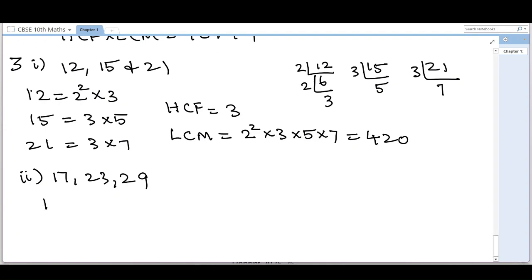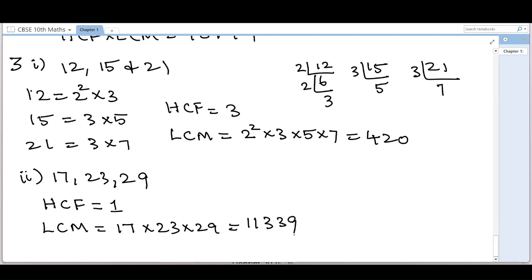So definitely the highest common factor for all these prime numbers will definitely be 1. So we have to find only LCM. So we have to simply multiply all the three numbers so that we will get the value to be 11339.